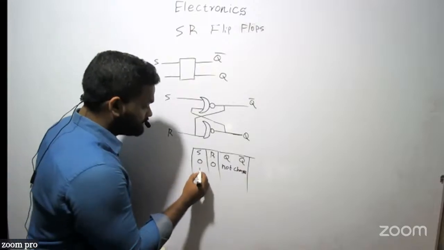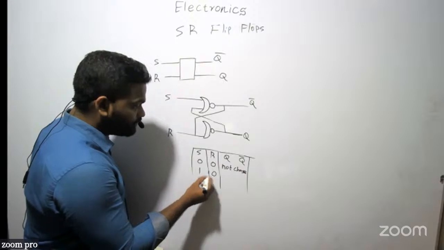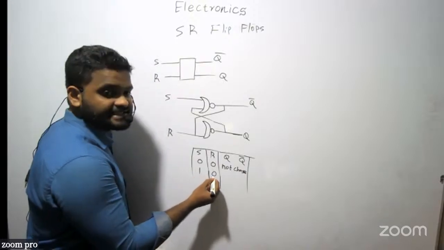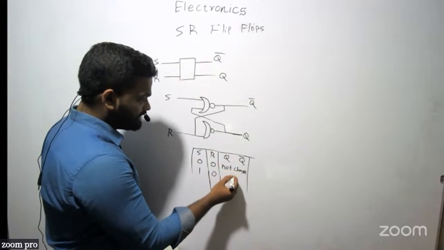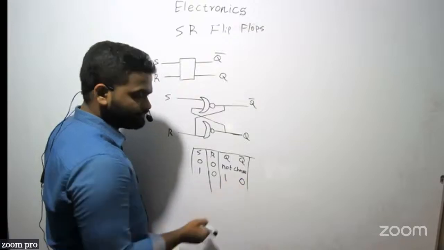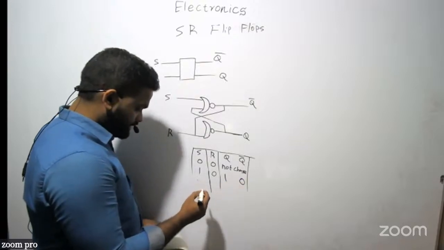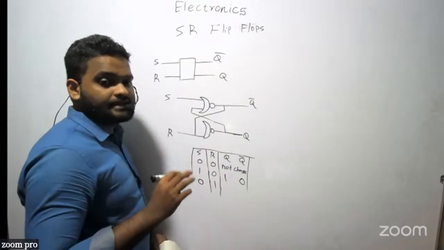Then you get 1, 0. We call this the set state. So what happens to the circuit is you get Q as 1 and Q bar as 0. Then you get 0, 1. We call that the reset state.